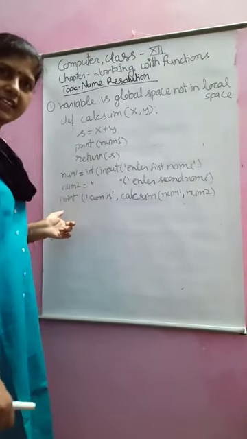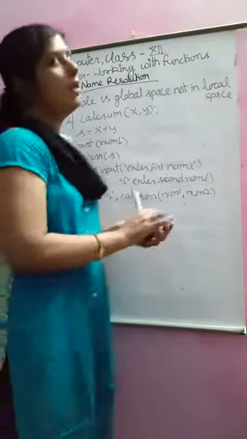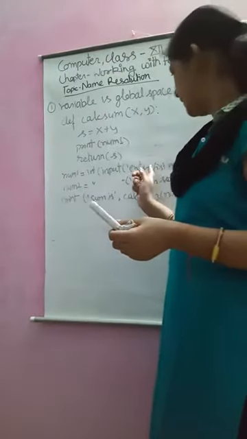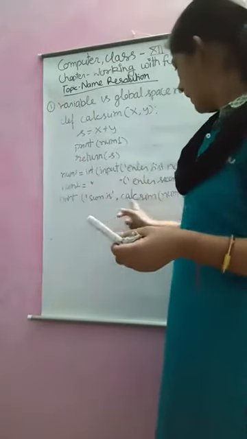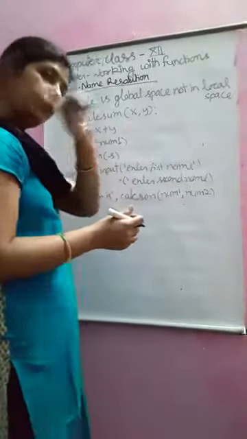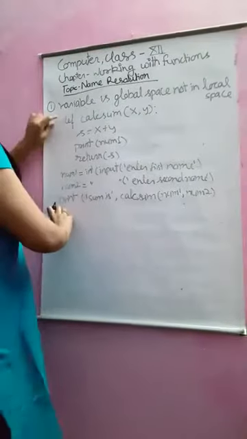The non-indented line is the first line of execution, which is called the main block. So first, in the main block, enter the first number, the second number, and now here, calling the function. Now what variable is in global space, and what variable is in local space?